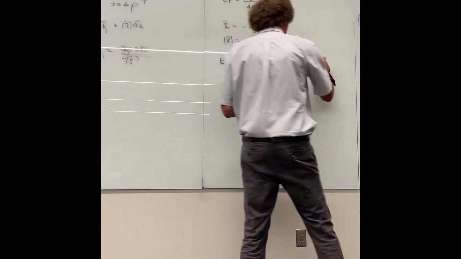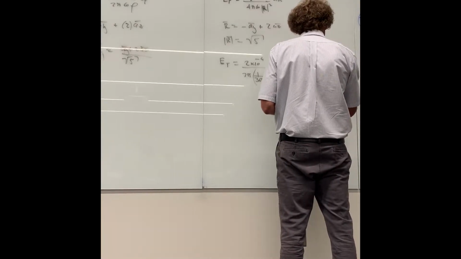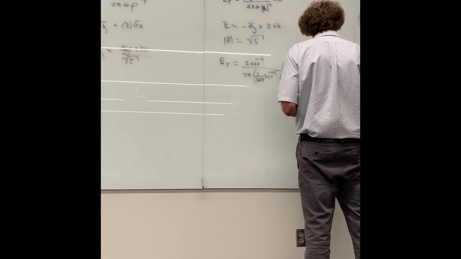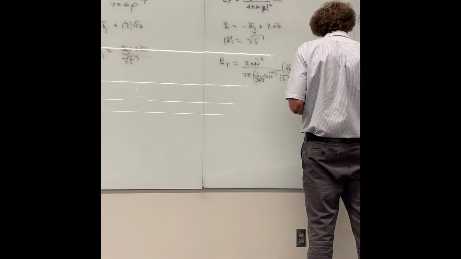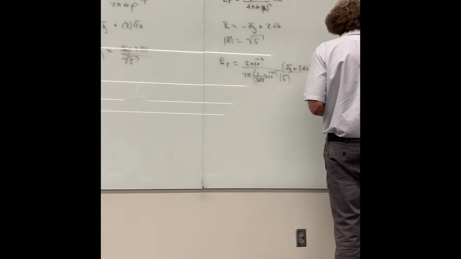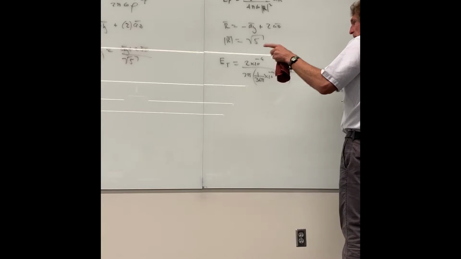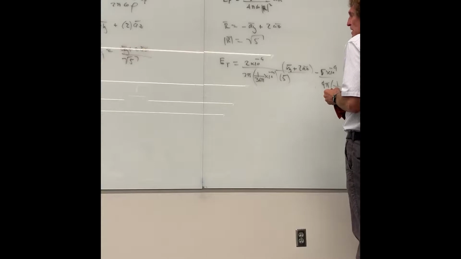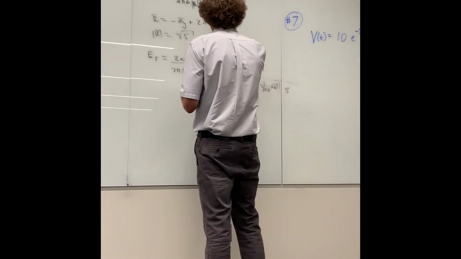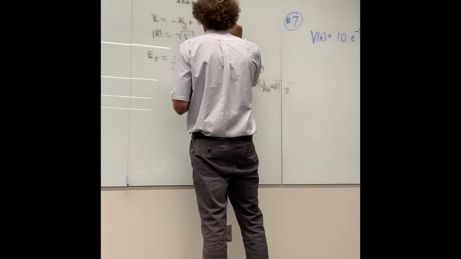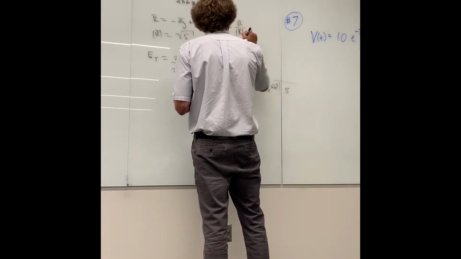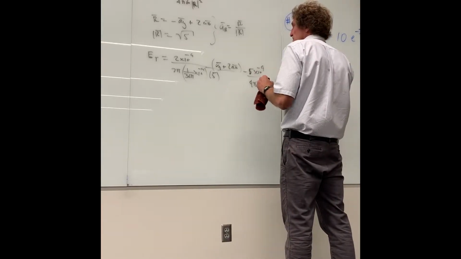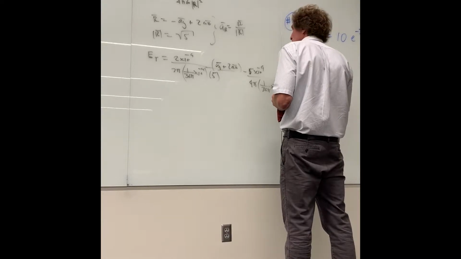So this is going to be minus 5 times 10 to the minus 9th over 4 pi epsilon naught, which is 1 over 36 pi times 10 to the minus 9, over r squared, and r here is equal to square root of 5, r squared is 5. Then it's times ar, and ar would be equal to r vector over magnitude of r, which means this would be 5 to the 3 halves here, and then it's going to be times minus ay plus 2az.